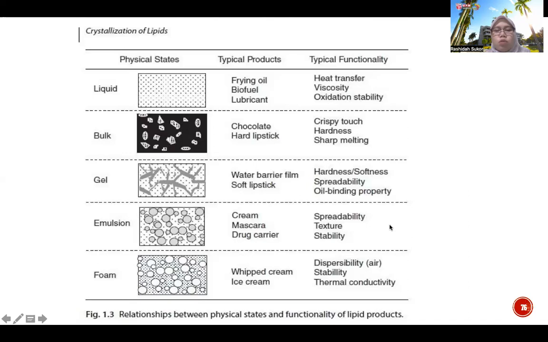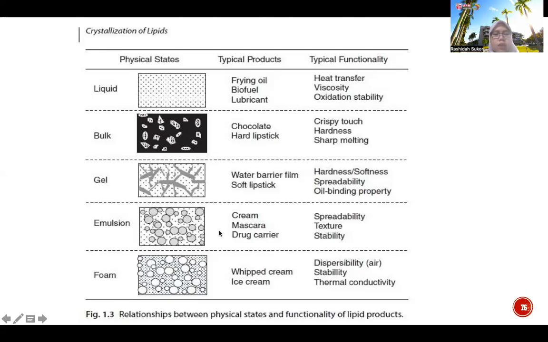This one is good for oil binding property and spreadability, like when we make a bread spread. It can easily spread on your bread. Hardness and also softness, because we call it semi-solid formation.